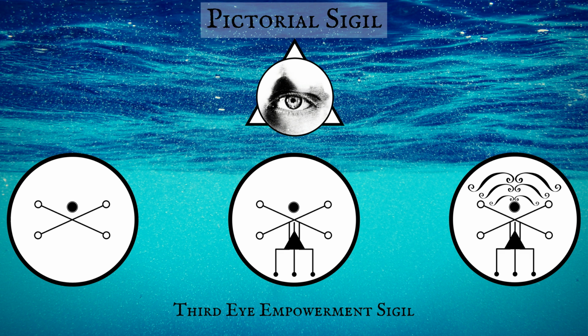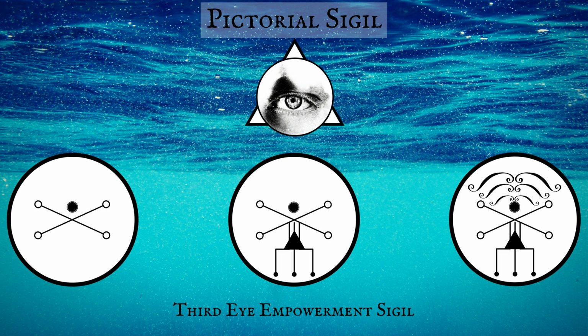Now continuing on to the second image, the lines and upward facing triangle is an abstract representation of energy flowing upward. In this case, channeling energy upward through the chakras or energy system of the body into the third eye with each breath, thus symbolizing its empowerment or how it gains energy.